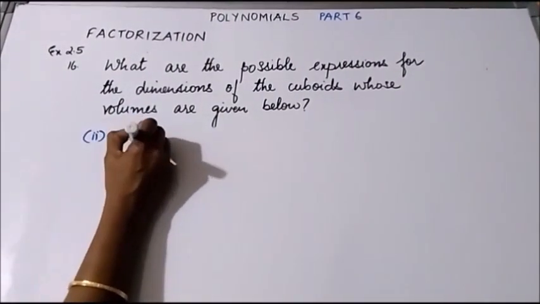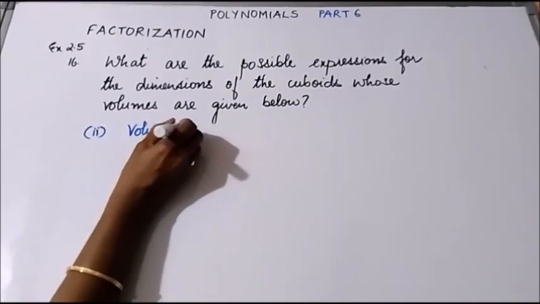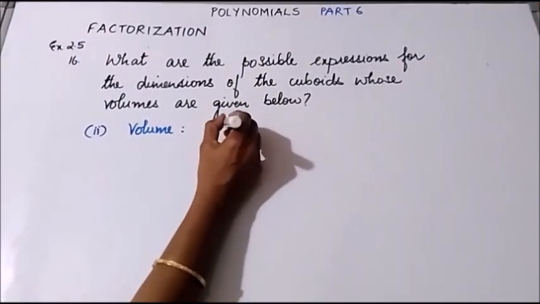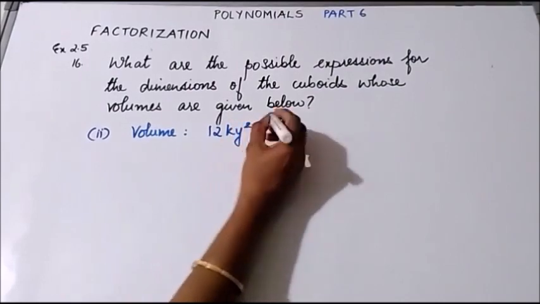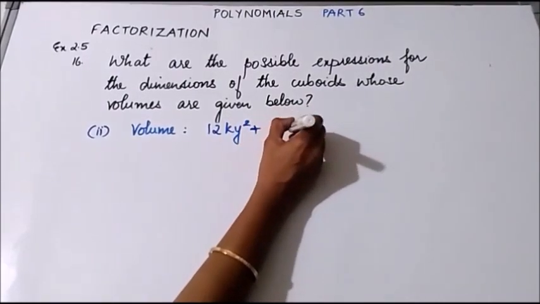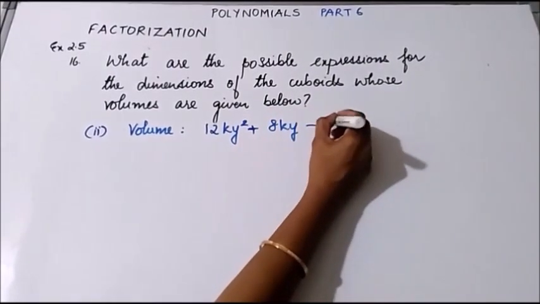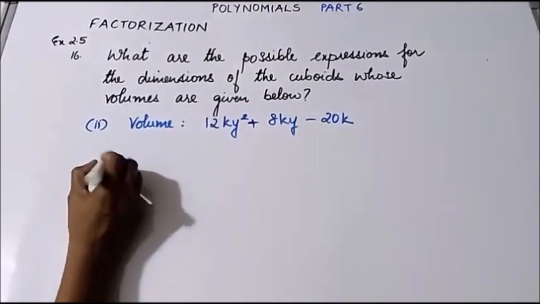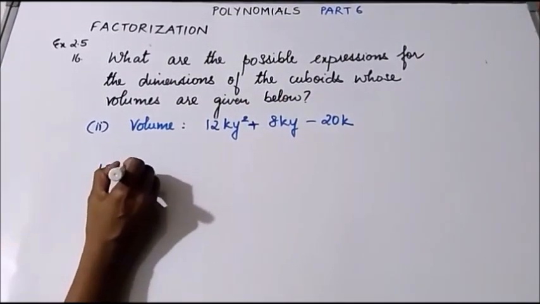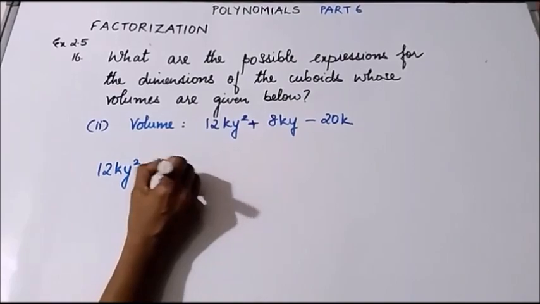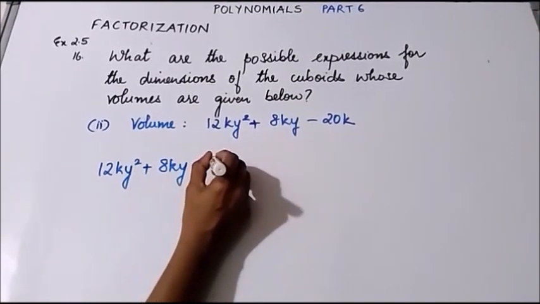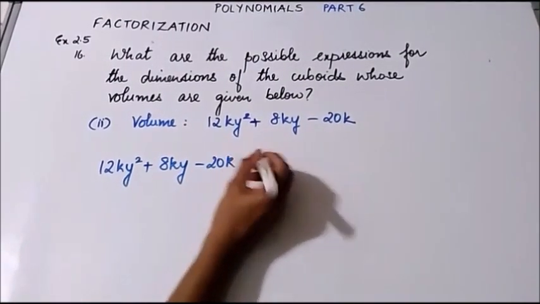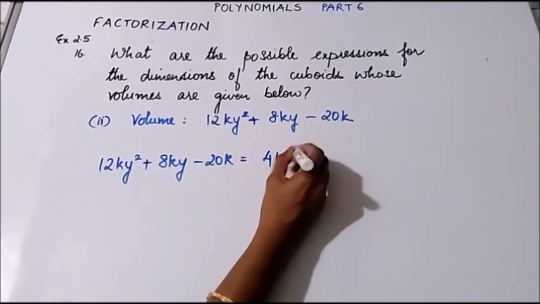Second, the volume is given as 12ky square plus 8ky minus 20k. Now first we will factorize this. Here we can see 4k is common.